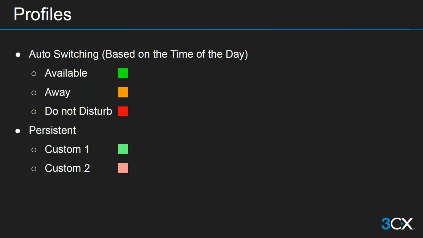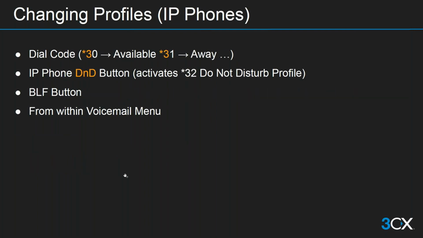IP phones use standard SIP settings, and the way the phone system, the 3CX, communicates with the apps to display the status is not a standard SIP way of doing it.